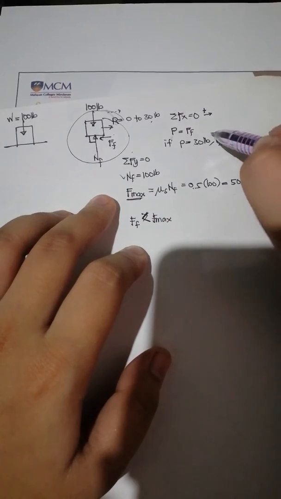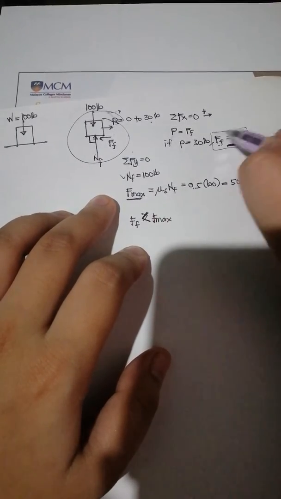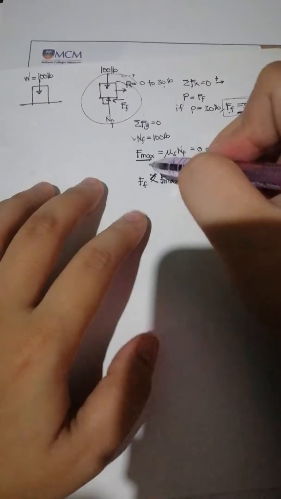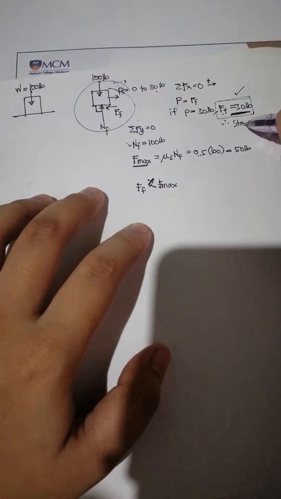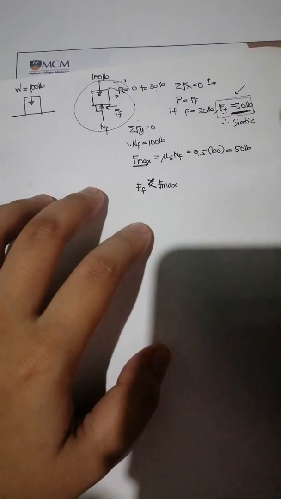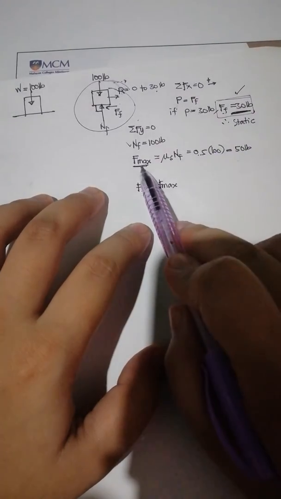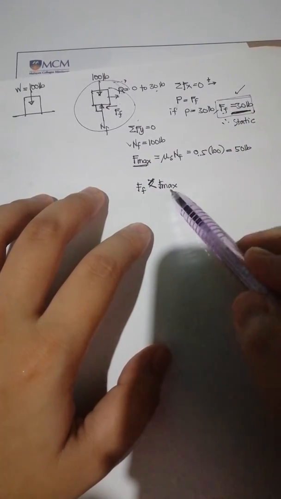This friction force is accepted since we have proven that it is actually static, by concept, when we compare it to F maximum, it is less than F maximum.